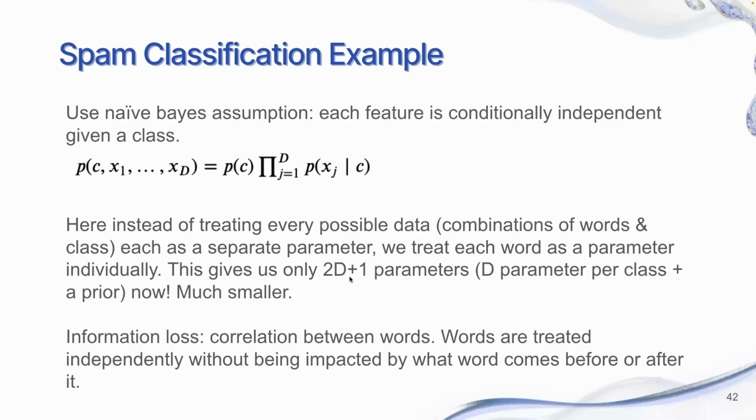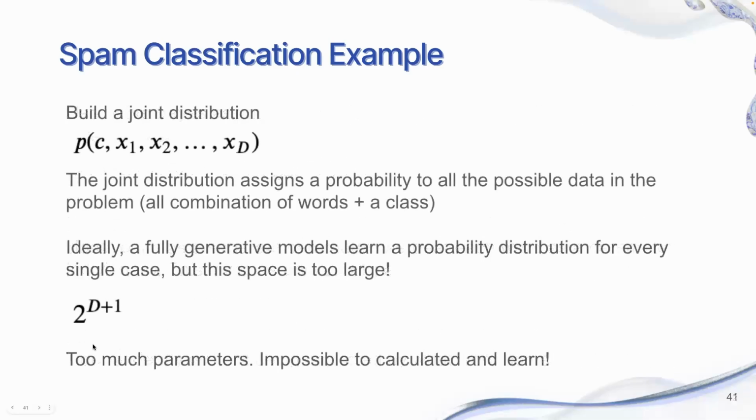So how likely a word appears, whether in a spam email or not. For spam, you're tracking d parameters, right? And for non-spam, you're also tracking d parameters. So there's a total of 2d parameters. And for the plus 1, you have a prior to track as well. So there's a total of 2d plus 1 parameters you're tracking. That's a lot smaller than what we had.